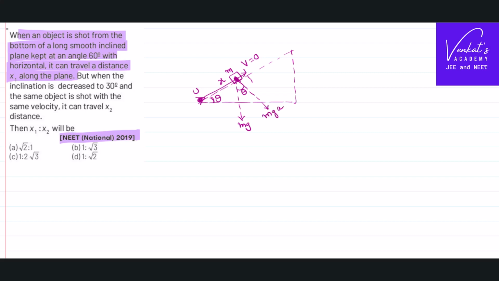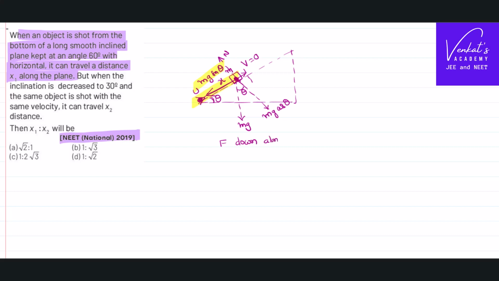So this becomes mg cos theta, and the force in the downward direction along the plane becomes mg sin theta. This mg cos theta creates a normal reaction that is not that relevant to this problem. The only important thing we can notice is that the force acting down the inclined plane against its motion is mg sin theta.